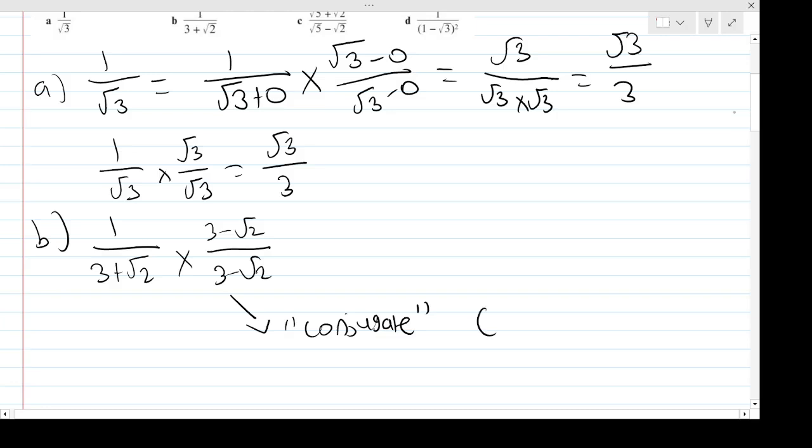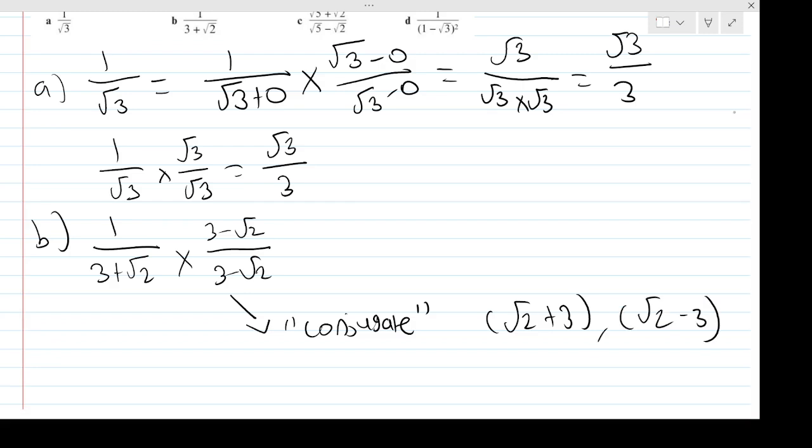If I had, for example, root 2 plus 3, exactly what I have here, actually, then the conjugate of that is root 2 minus 3. Again, it's just the opposite way around. Because that would give a difference of two squares if you multiply them, right? Difference of two squares, remember? That'd be root 2 squared, which would be 2.